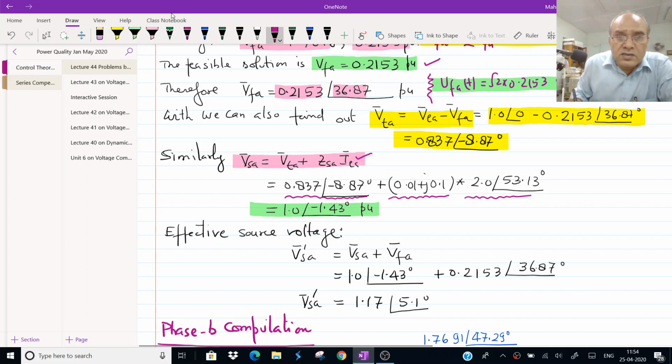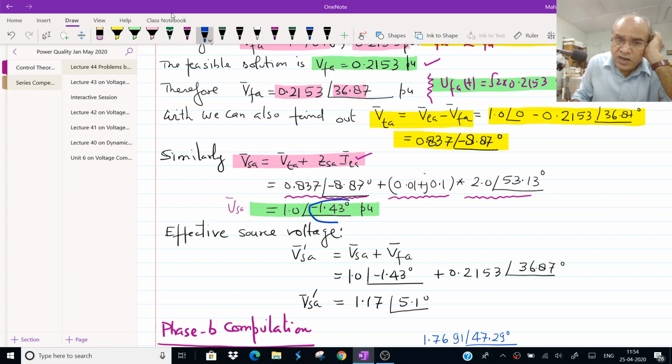Okay. Now this VSA we get after specifying the load voltage, and you can see there is a slight phase shift in the value of VSA.